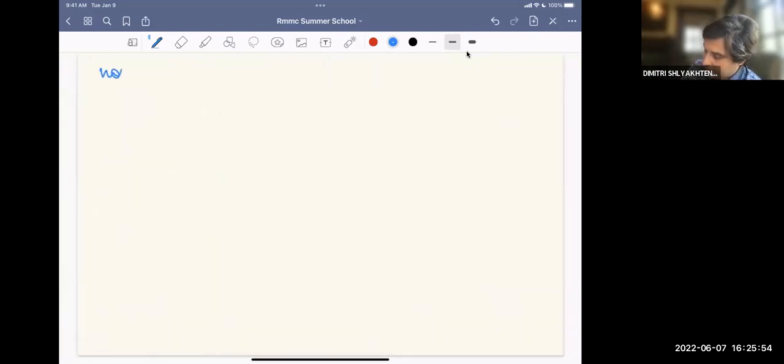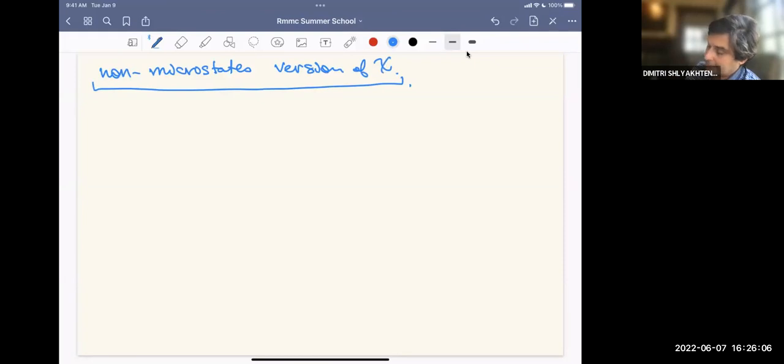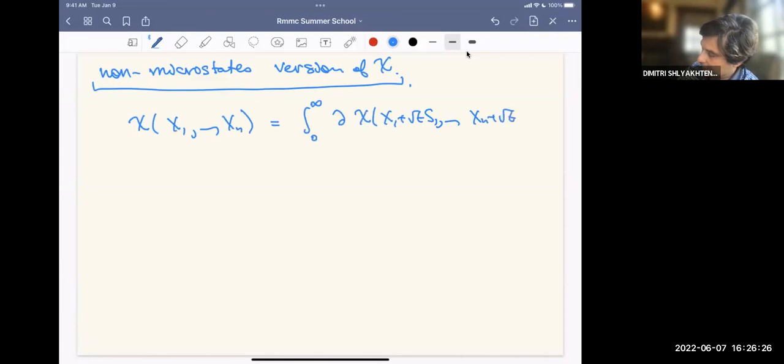Now, there's also the non-microstates version of chi. And here the idea is to write chi of some x_1, ..., x_n as the integral from 0 to infinity of the derivative of chi of x_1 plus root t s_1, ..., x_n plus root t s_n, that derives with respect to t, right?